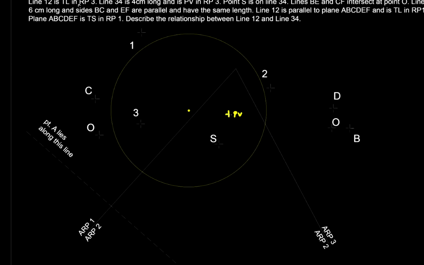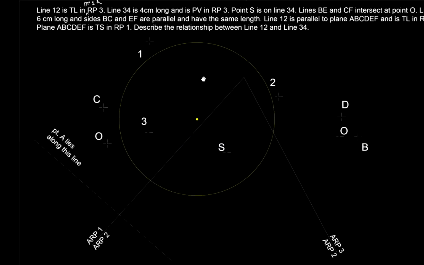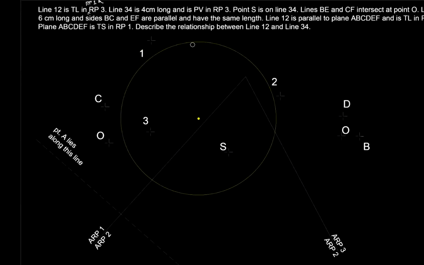Okay, para 'pag point view siya dito, pwede ako mag-project diyan, point view dito, pwede ako mag-project diyan. Okay? So, what we'll do is since point view siya dito, then if I project, my point 1, okay? Project natin si point 1, okay?